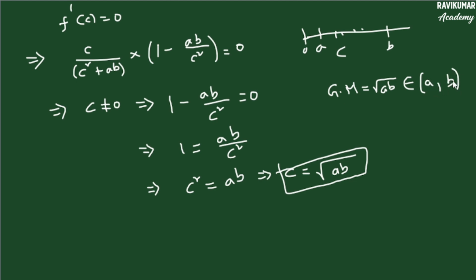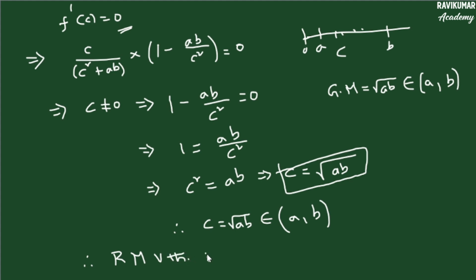So root ab lies between a and b. Therefore, c equal to root ab satisfies our requirement that we should find a c in between a and b for which f dash c equal to 0. Therefore, Rolle's mean value theorem is verified to be true.